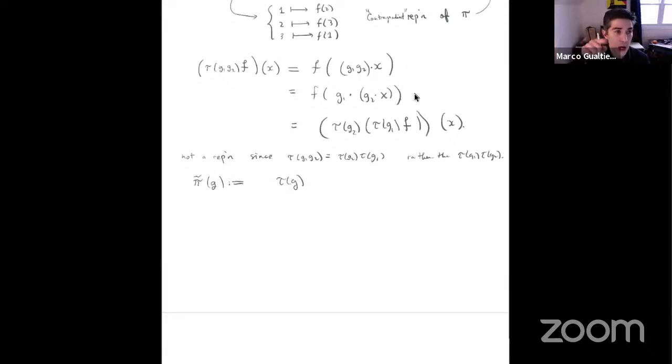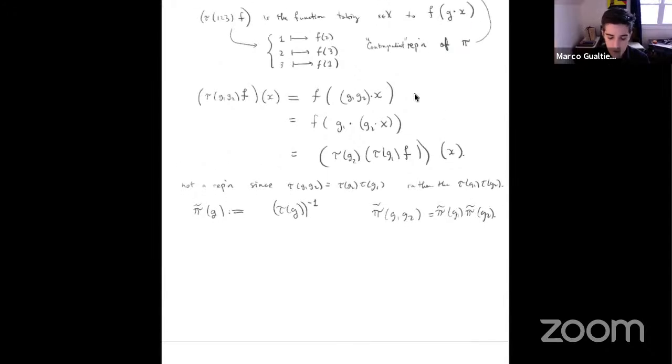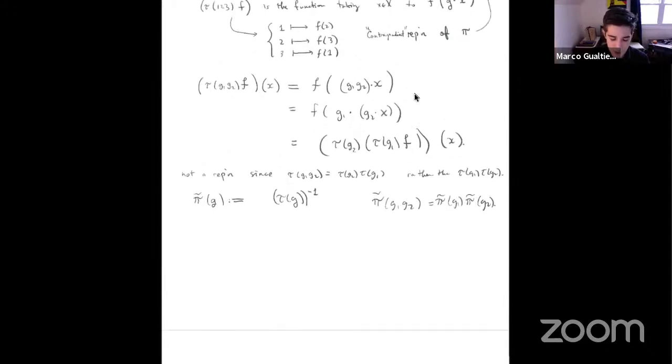Which is an operator on functions. It's acting on functions, but I'm going to invert that action. Then it is indeed true that pi tilde G1, G2 is pi tilde G1, pi tilde G2. And this thing is the thing that should be called the dual representation.